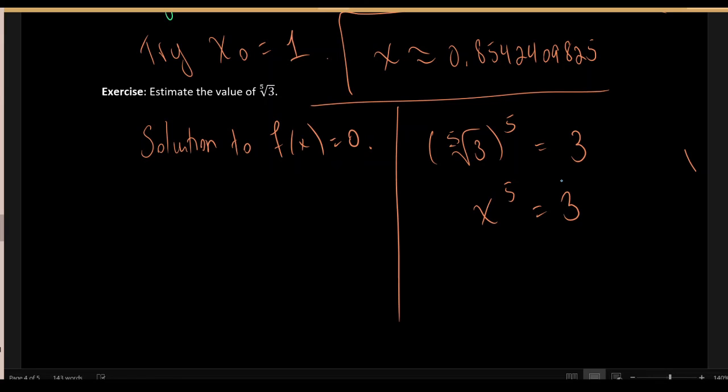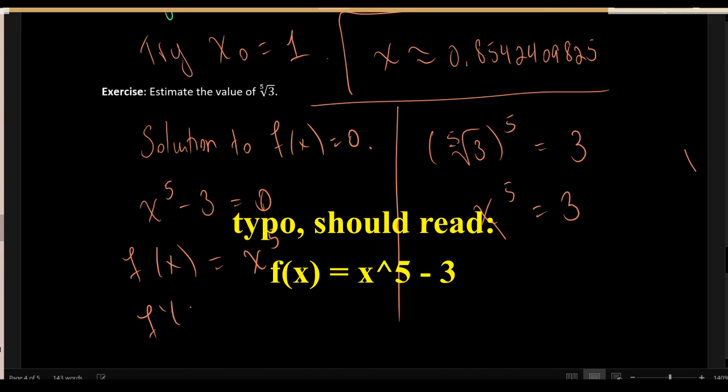So I'm trying to estimate the value of the solution to x to the fifth power minus 3 equals 0, which reveals that f of x for this problem is x to the fifth power minus 3, and its derivative is 5x to the fourth power.